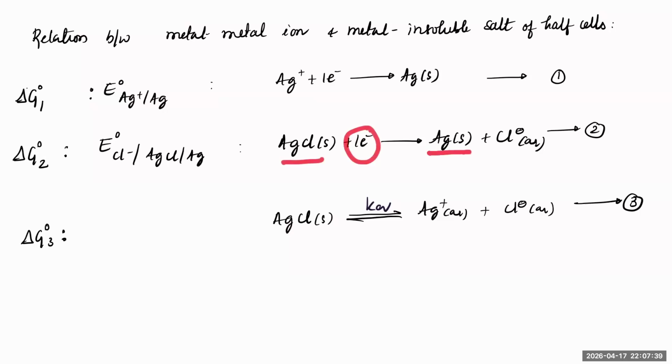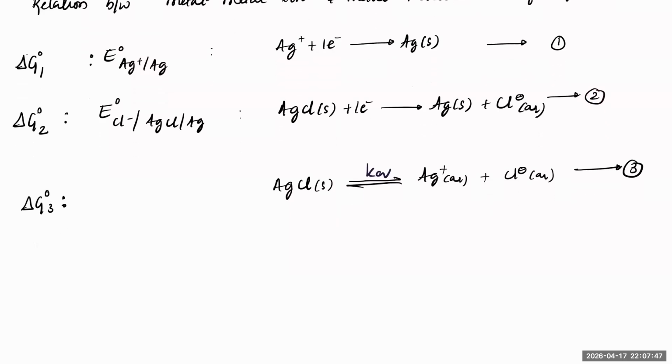So AgCl plus one electron giving Ag plus Cl minus is the second equation. The third equation which I can write is that AgCl is also in equilibrium with Ag plus and Cl minus.